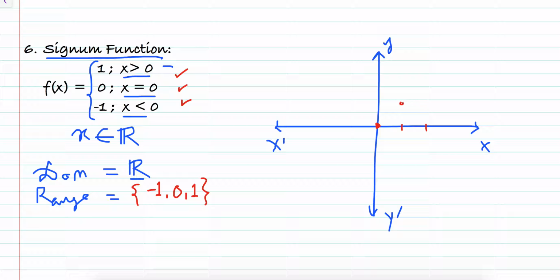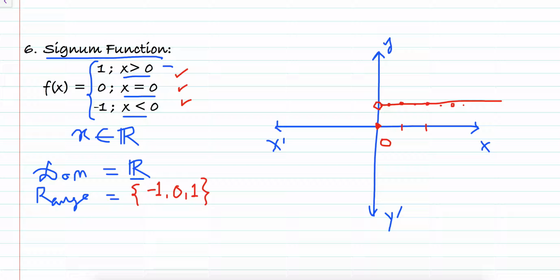For 1 it's 1, for 2 it's 1, for 3 it's 1, for 0.5 it's 1, for 1.5 also it's 1, for every positive number it's 1. But at exactly 0, it should be 0. So this side it's 1, a constant function. But at 0 it's not 1, so we will draw a hollow circle here to denote it's not 1 at this value, and here we draw a solid dot to denote at 0 it's 0.